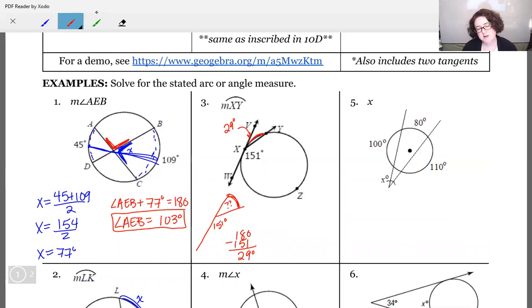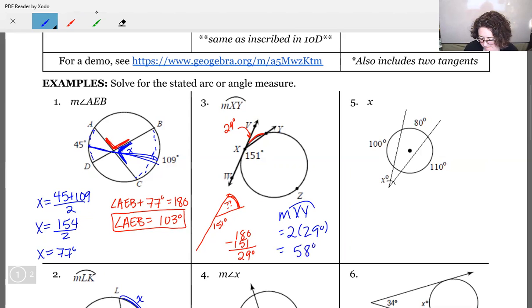Well, the arc measure is going to be twice the angle, or the angle is half the arc measure. So the measure of XY is going to be 2 times 29 degrees, which equals 58. Again, same way we approached the problems last lesson. Okay, number 4.